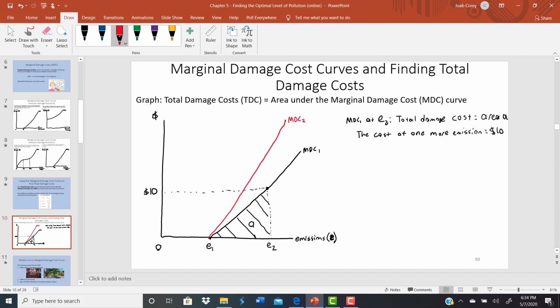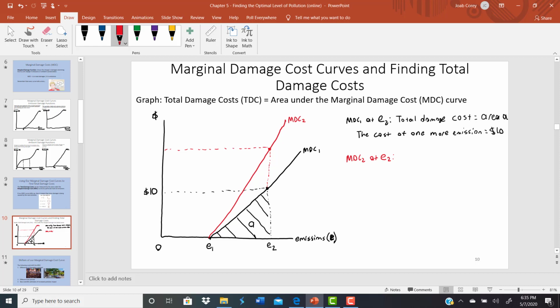Right. Well, what happens when we're at this MDC2 curve at E2? Right. Well, now we're going to go all the way up to the MDC2 curve at E2 to figure out two things. First, what is our cost of one more emission in terms of the damage cost caused by that emission when we're at E2?